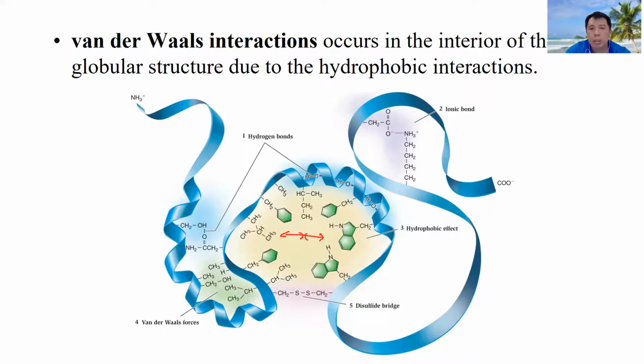This attraction and repulsion between non-polar groups is what we call van der Waals interactions. Another one you can look at here, all of this is also due to the non-polar parts, so they are from the van der Waals force.